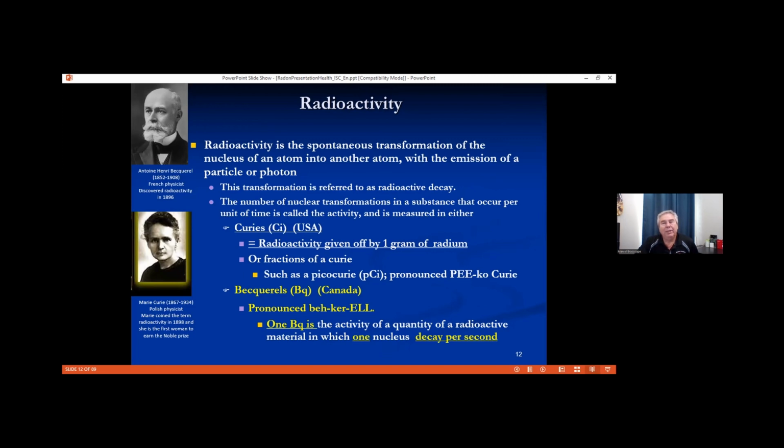And what do we mean by disintegration? I'm going to give you the analogy of popcorn. What do we do with popcorn? We take a small kernel of corn, we put it in oil, we heat up the oil, and eventually it's going to pop, and it's going to release energy.